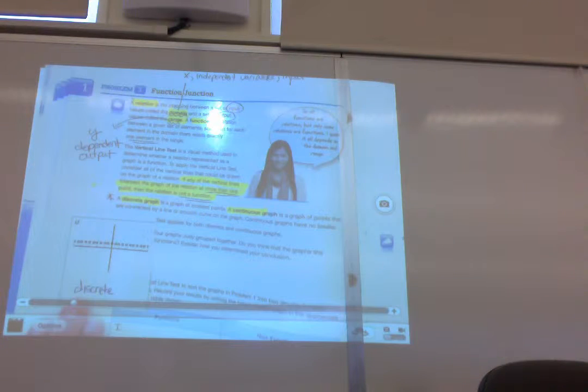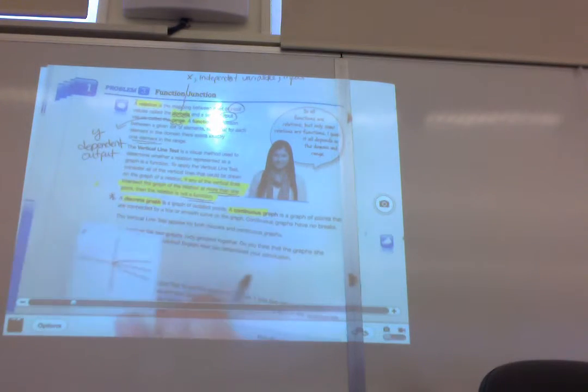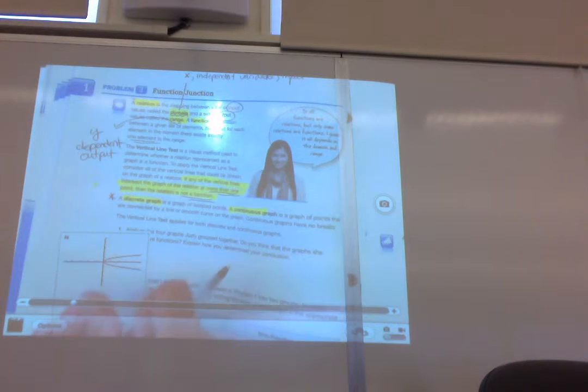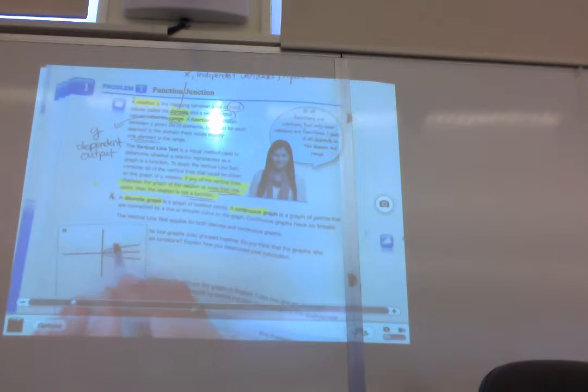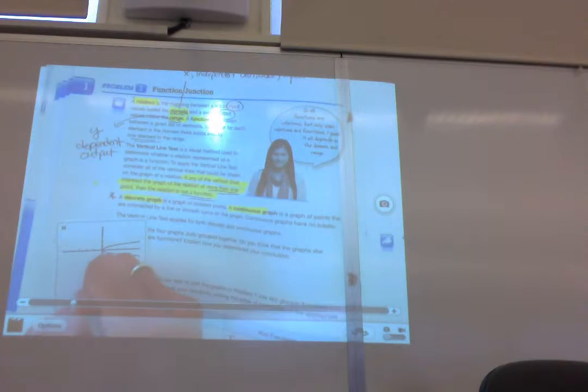Any of the ones with dots have isolated spots, little tiny chunks that make up their graph, versus something like N. I found N. That's one smooth line. So instead of discrete, what would we call N? The opposite of discrete. We're going to label N with continuous.